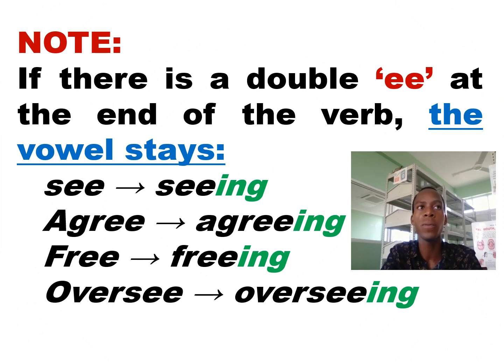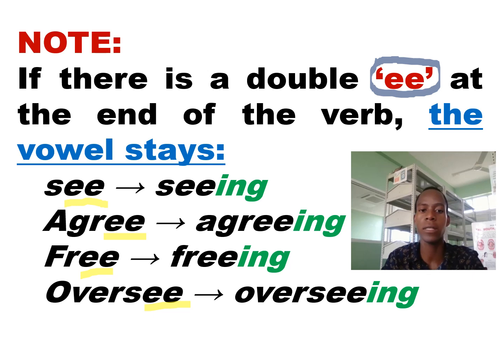The concept we need to remember is that if there is a double e at the end of the verb, it stays. What we mean is if we have two e's, double e, at the end of the verb, like these verbs here: see, agree, free, and see.